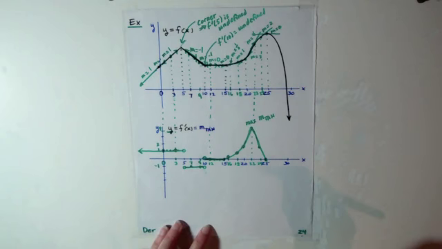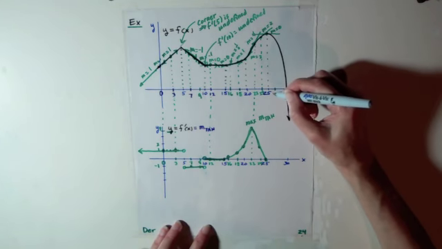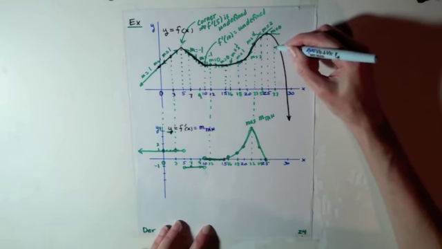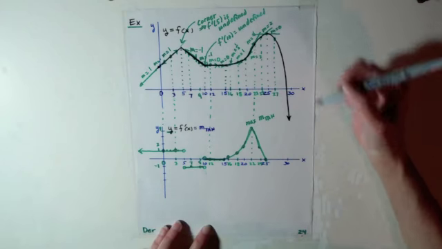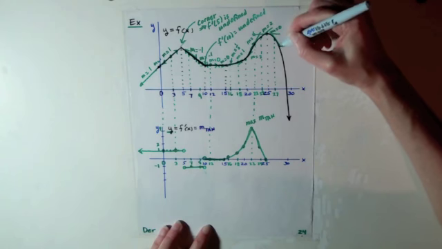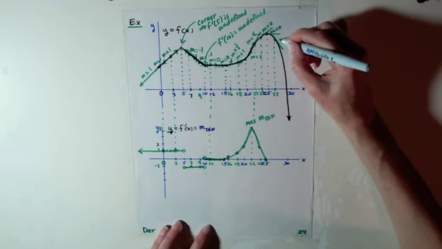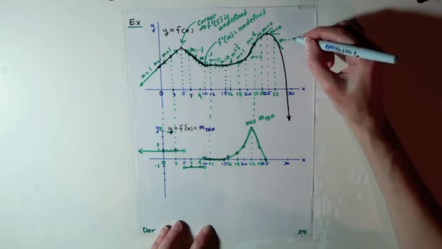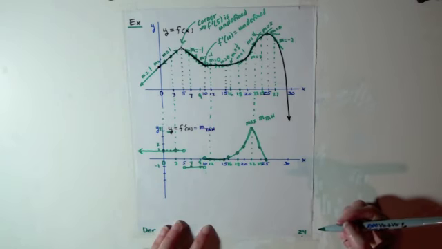And what happens after 25? If I plug in something like 27, can you tell me about the sign of the slope of the tangent line there? It's a line that moves down as we move to the right, so its slope is negative. Maybe the slope is equal to -2, something like that.